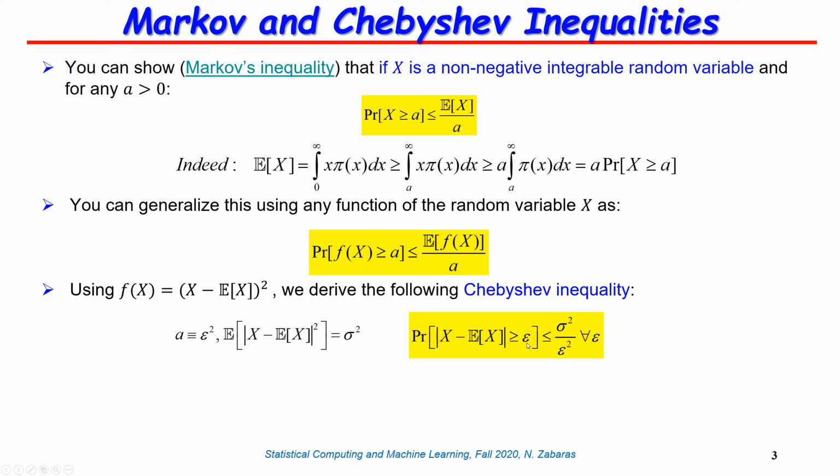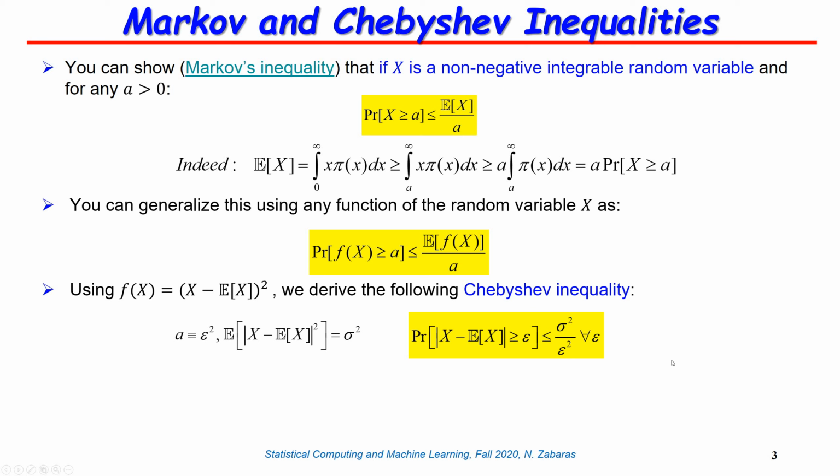Again, epsilon is a positive number here. And the expectation of f of x is nothing else but the variance of x, which I am writing here as sigma square. And a, I took as epsilon square, so this is a new inequality.